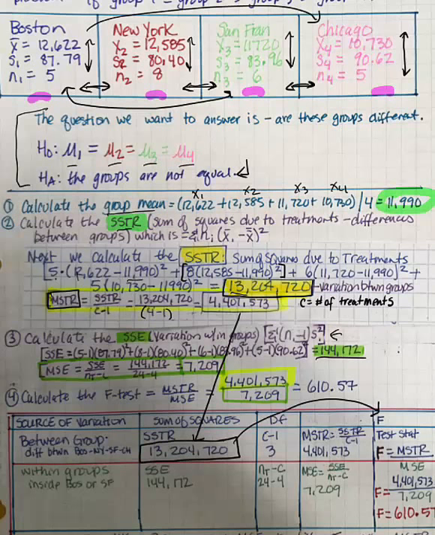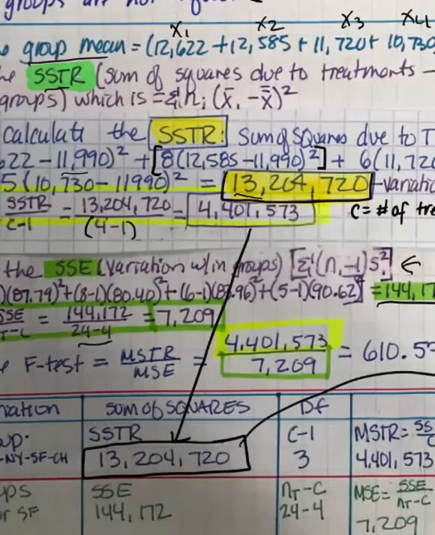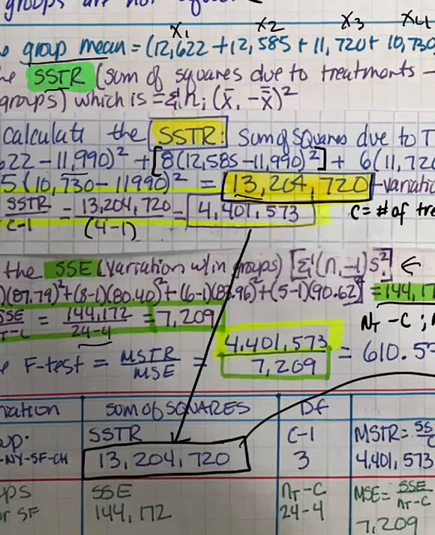144,172. We then, just like before, have to divide that by something to do with degrees of freedom, and in this problem we divide it by what we call NT minus C, where NT is the number of treatments, but it's really the sum of all the n.